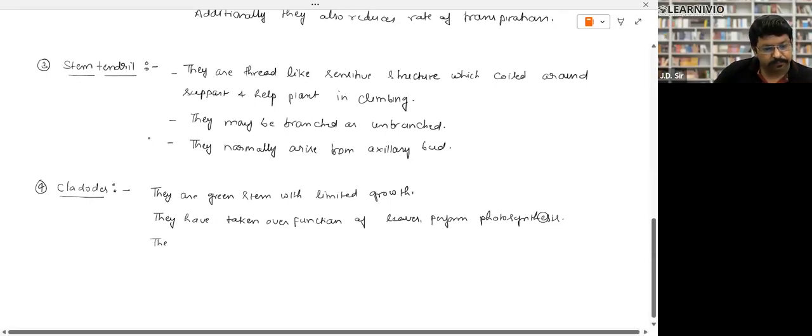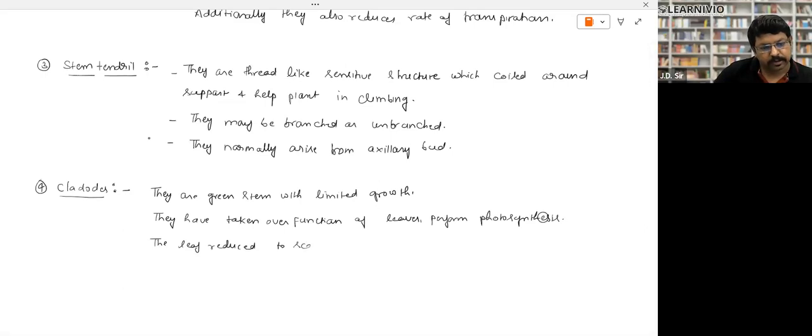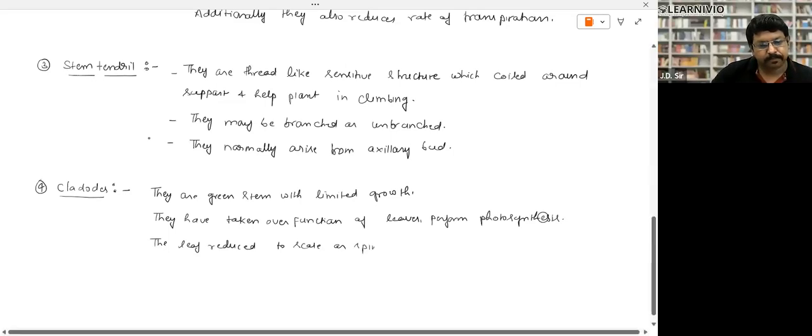The leaf is reduced to a scale or spine to reduce transpiration.